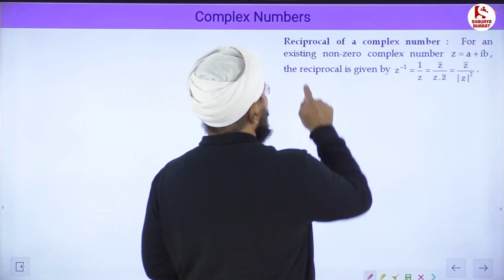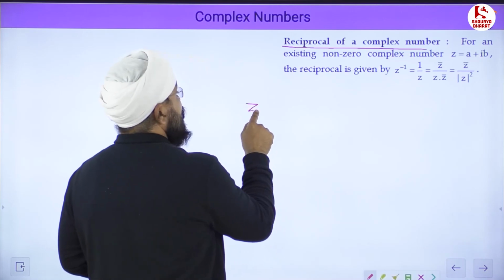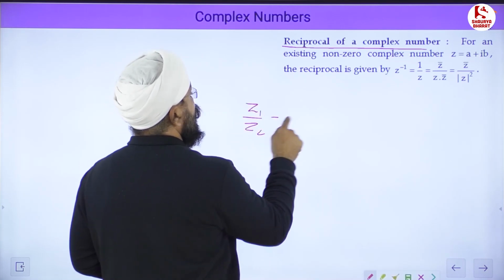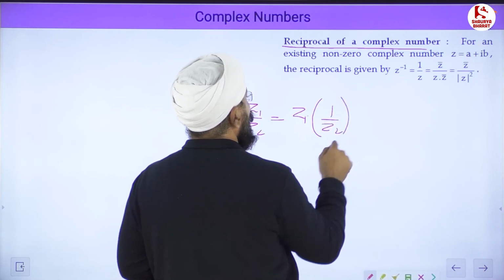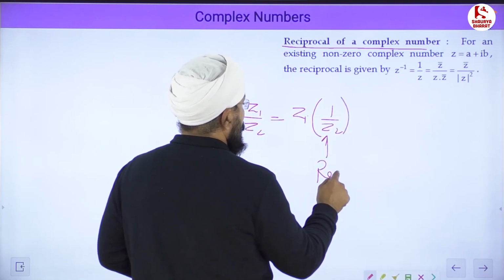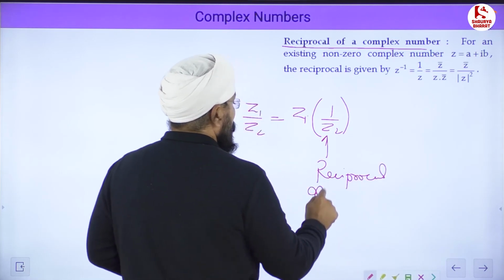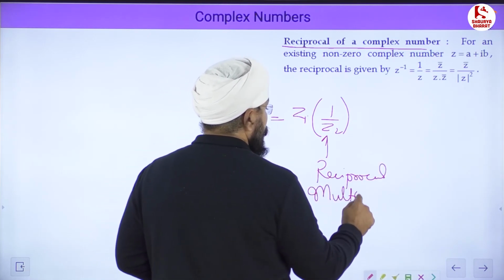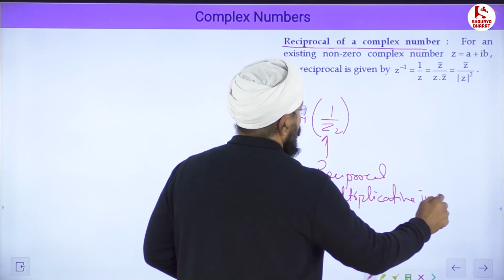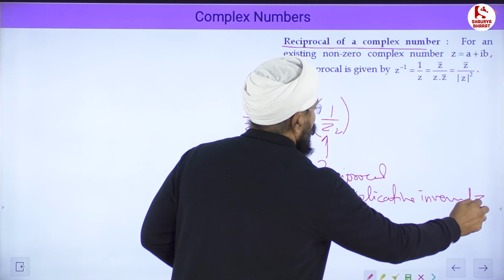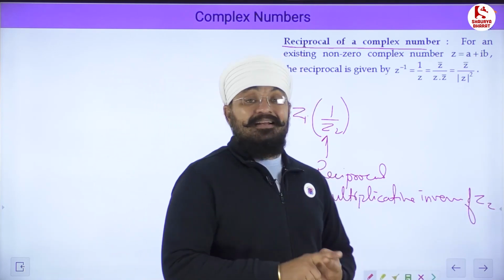This reciprocal is the multiplicative inverse, because when I say Z1 is divided by Z2, this is nothing but Z1 multiplied by 1 upon Z2. This is known as the reciprocal, or we say multiplicative inverse of complex number Z2.